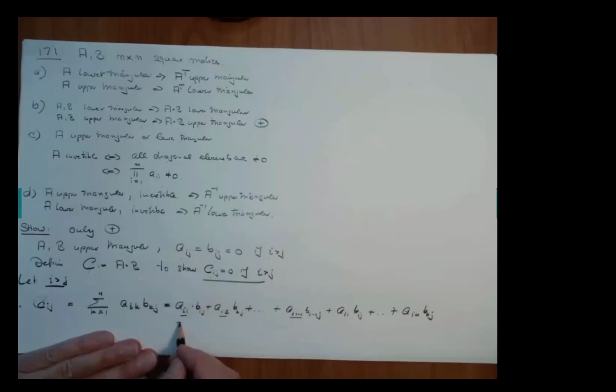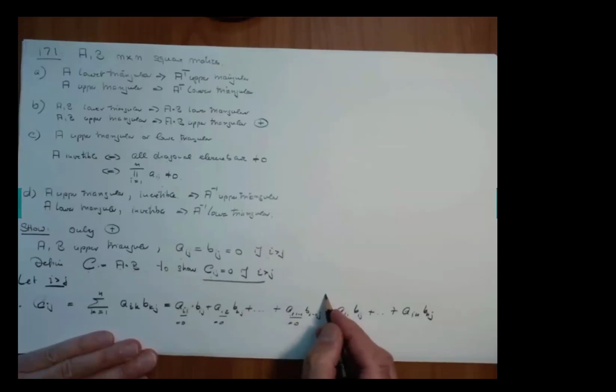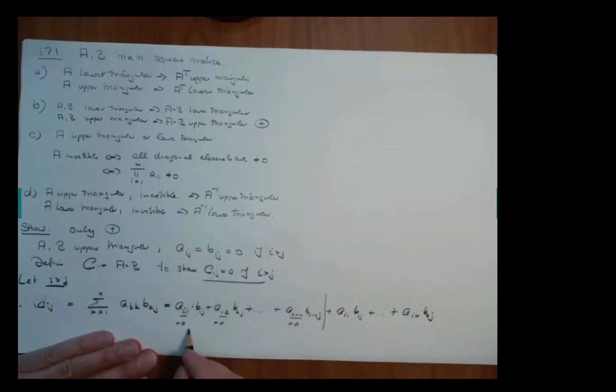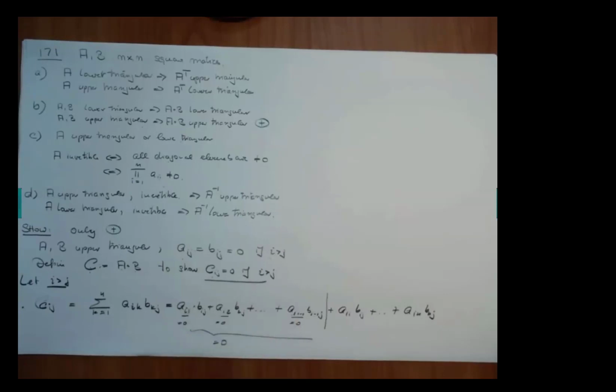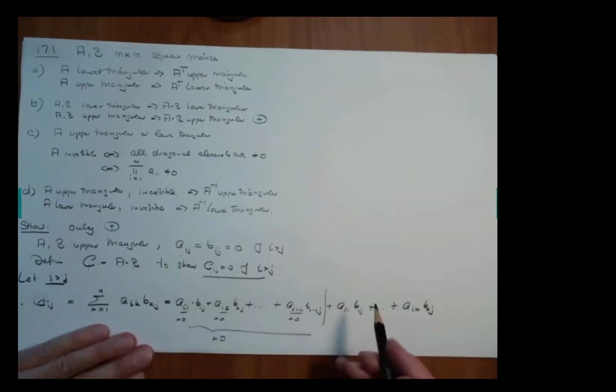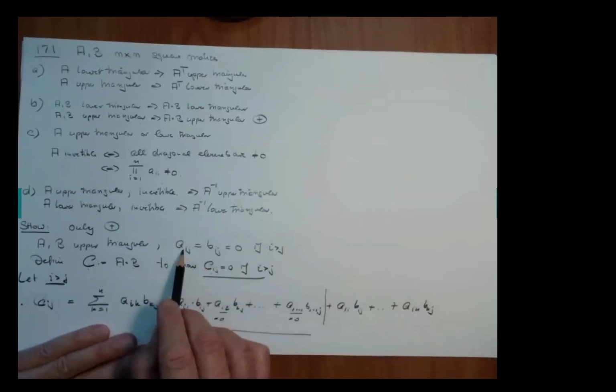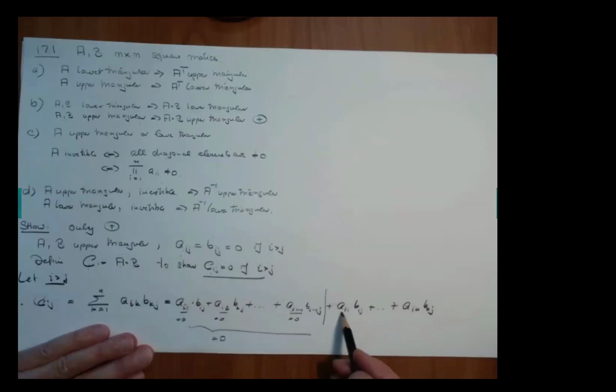So we know this is 0, this is 0, this is 0. We don't know what the b's are, but we don't care because they're multiplied by 0. So up to here everything is 0 because all the a's are 0. But now a_ii, that's a diagonal element of an upper triangular matrix, can be non-zero. That's possible.